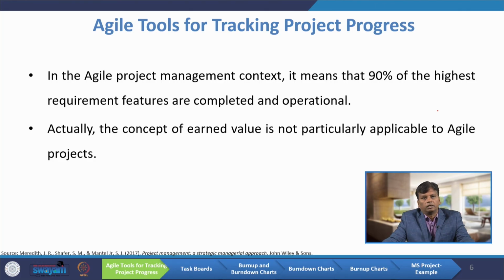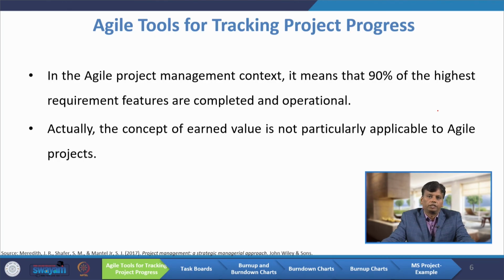Actually, the concept of earned value is not particularly applicable in an Agile project. The reason is that for a traditional project, scope is already fixed. We can see what percentage of the scope we have achieved, but in an Agile project, scope keeps on changing.